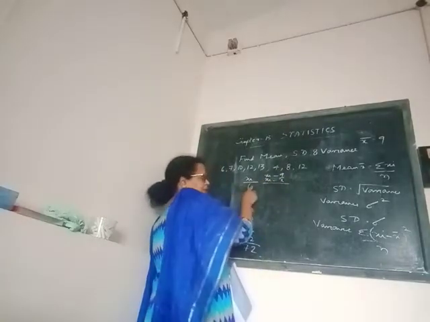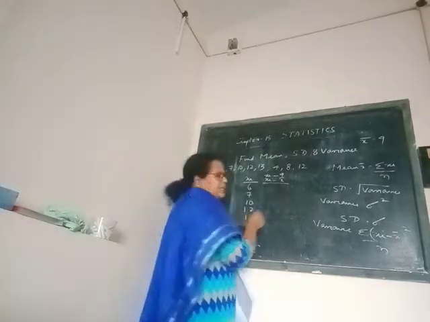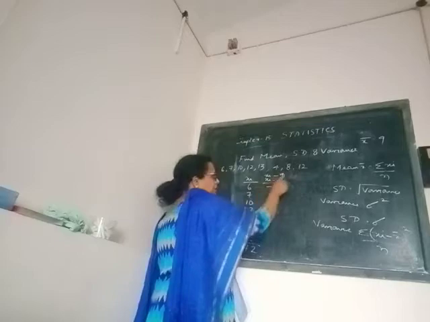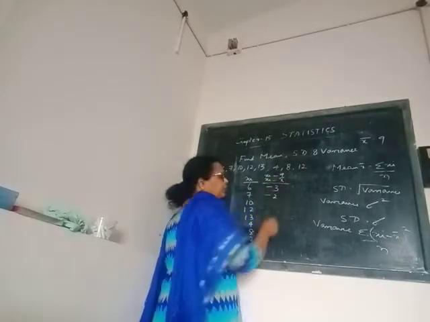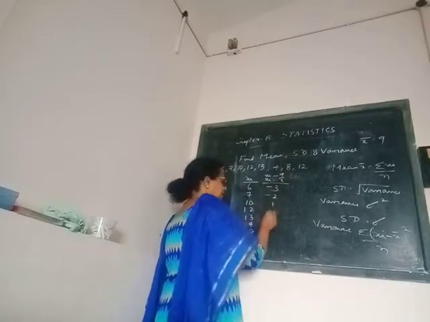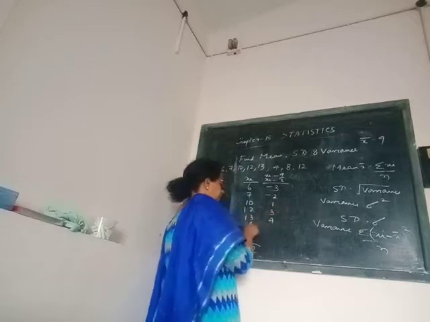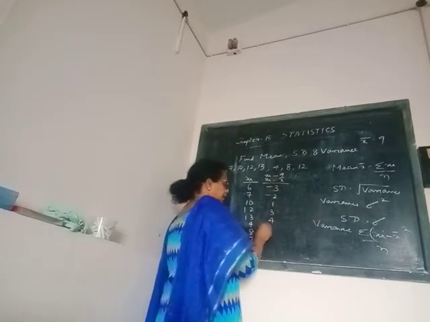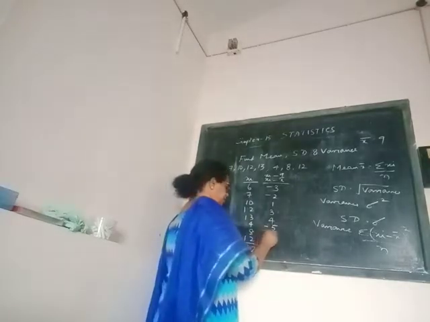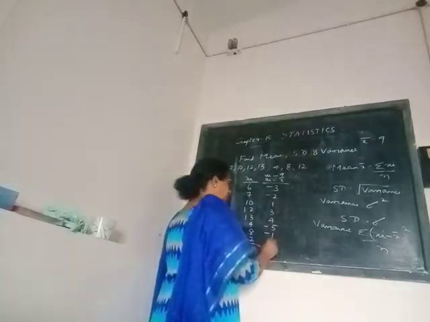Xi means this observation. So first is xi minus 9 means 6 minus 9, negative 3. Then 7 minus 9, negative 2. 10 minus 9, 1. 12 minus 9, 3. 13 minus 9, 4. 4 minus 9, negative 5. 8 minus 9, negative 1. Last 12 minus 9, 3.